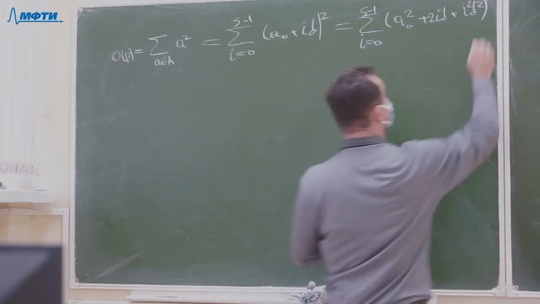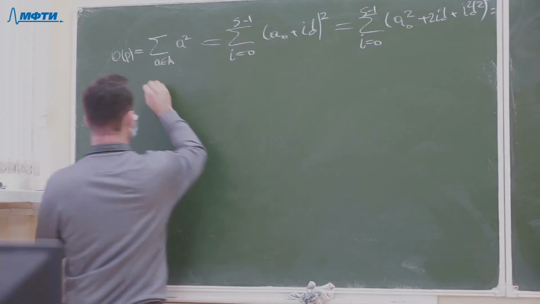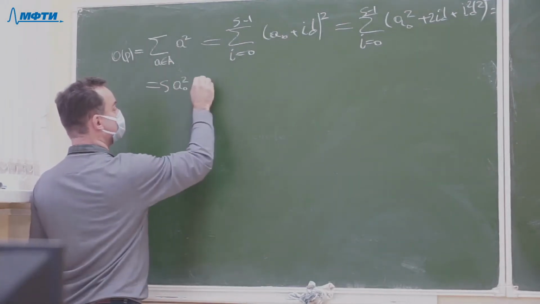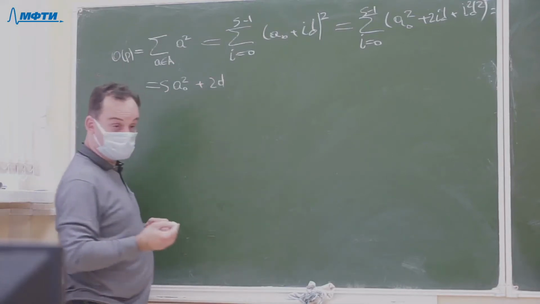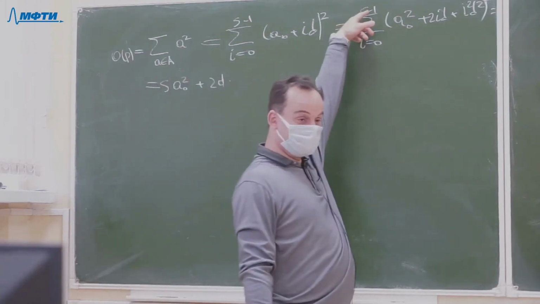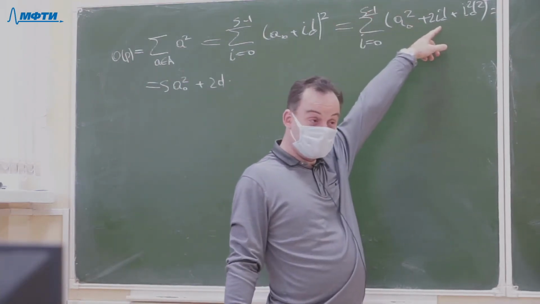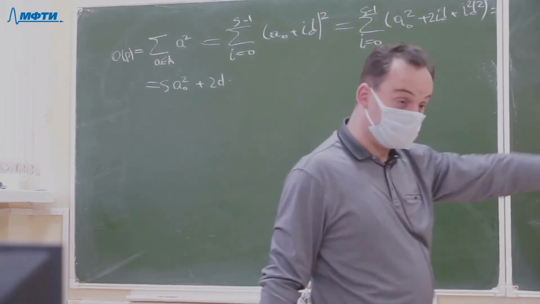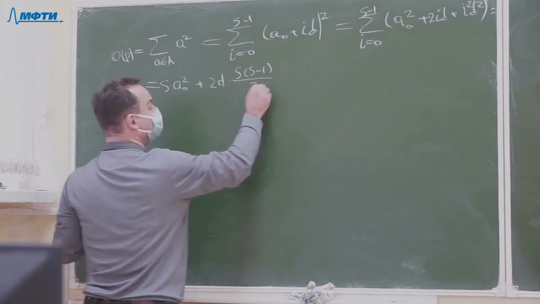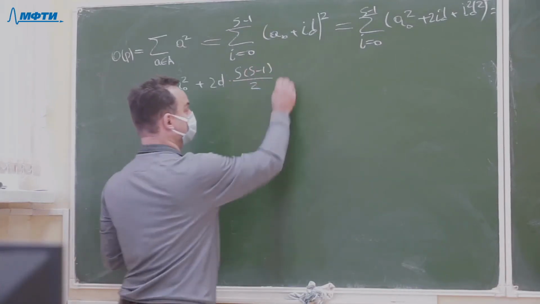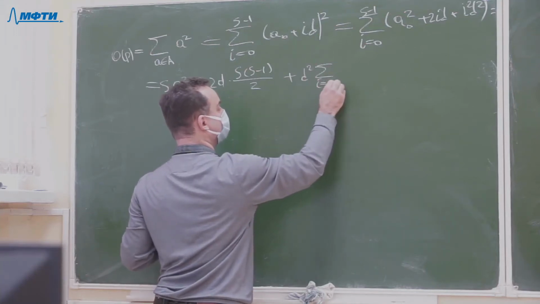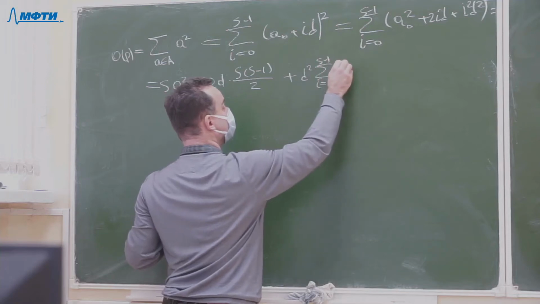Which is S A0 square plus double d by the sum of i till S minus 1 of i, which is S minus 1 over 2, plus d square by the sum of i from 0 to S minus 1 of i square.